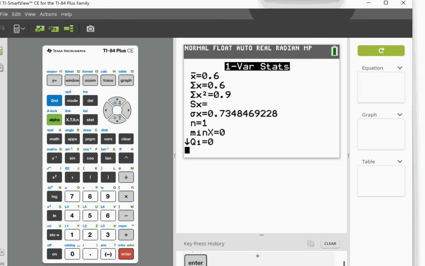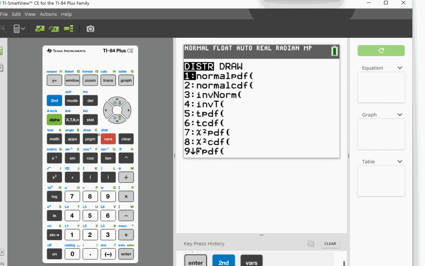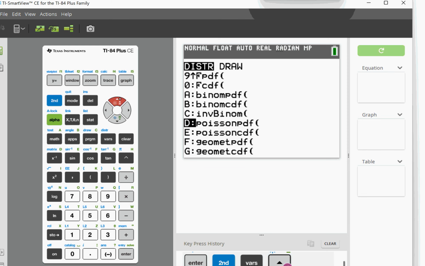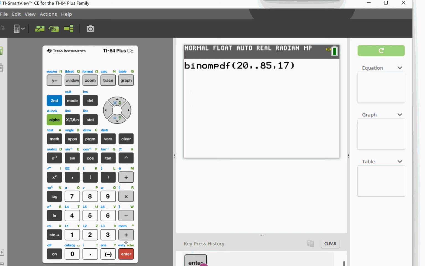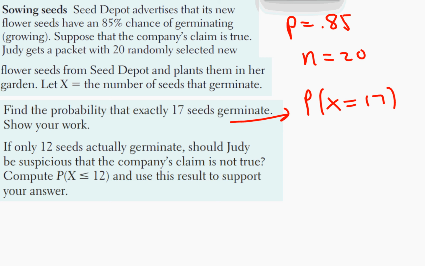So let's do that. Second distributions, go up or down to binomial PDF. n was 20 in this case. The probability a seed germinates is 0.85. And the x value is 17. Hit paste and enter. And we're getting 0.24, right? So this is about 0.24. Yep, that all looks good.